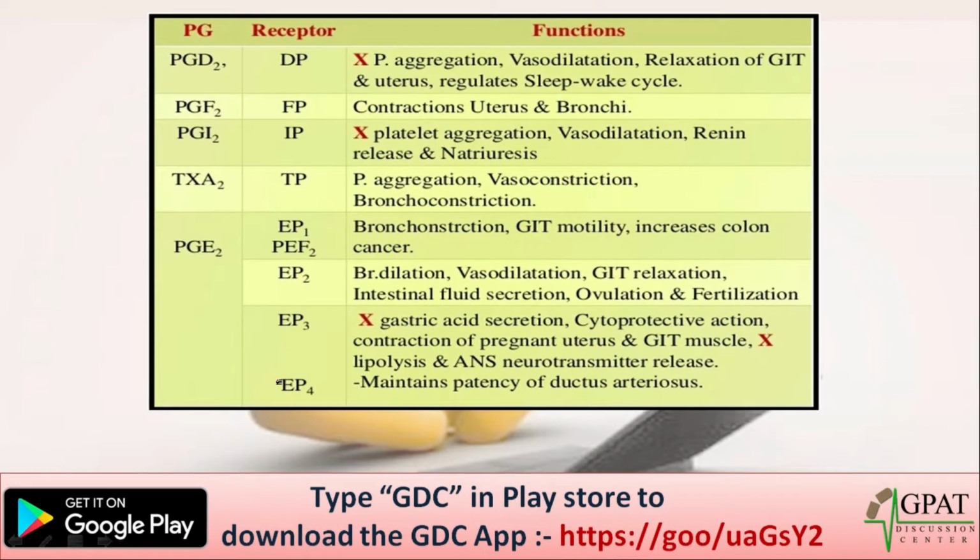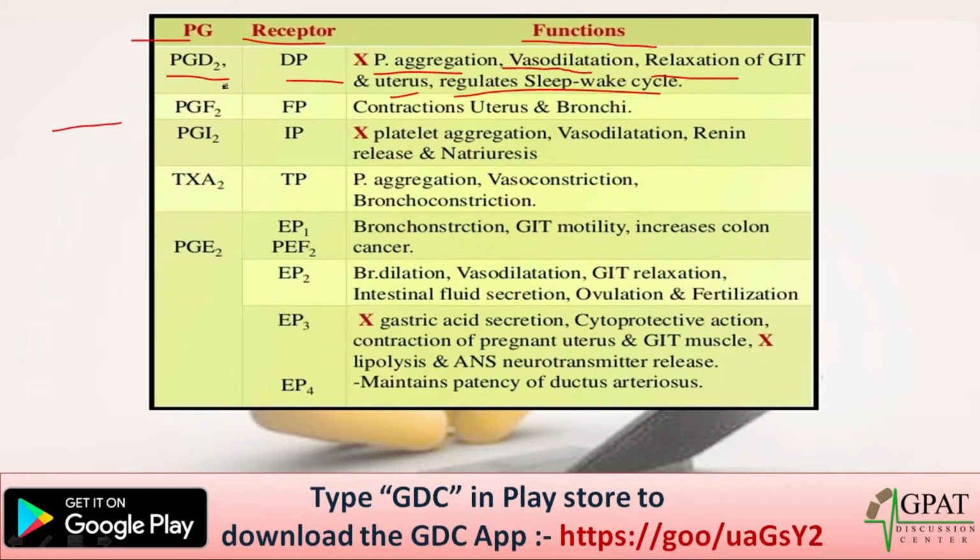Here we have a table where the PGs and their receptors and functions are mentioned. Let's discuss individually. PGD2, the receptor is DP. The functions are platelet aggregation, vasodilation, relaxation of GIT and uterus, and it regulates the sleep-wake cycle.